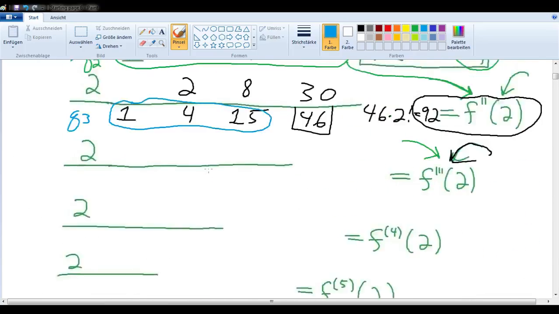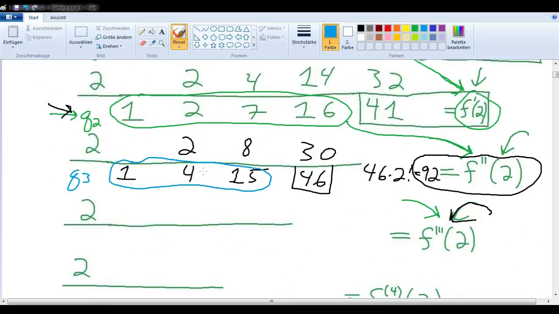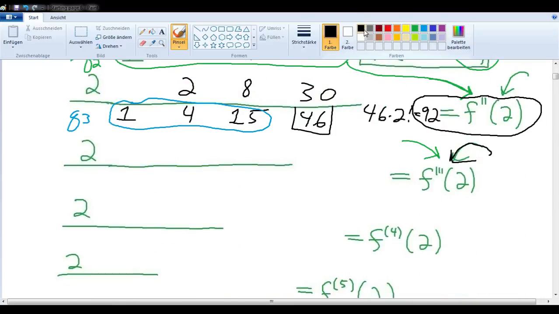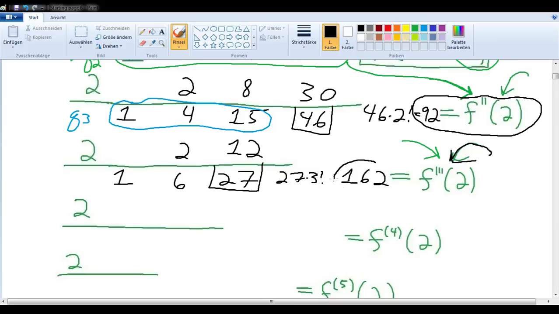So let's go back and see what that would mean for our example here. So we would continue here, multiply and add and multiply. We'd have 27 at the end of this line. We'd have to multiply that by 3 factorial, which is 6, so 120 plus 42, so that would be 162.